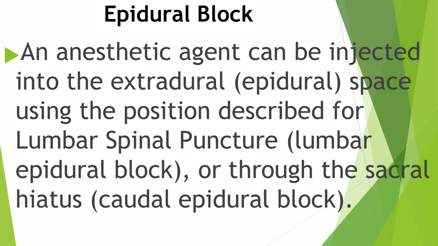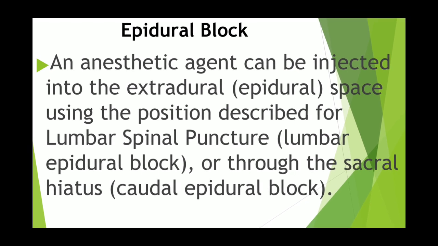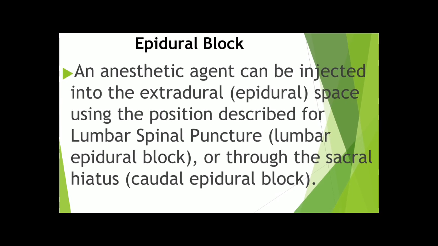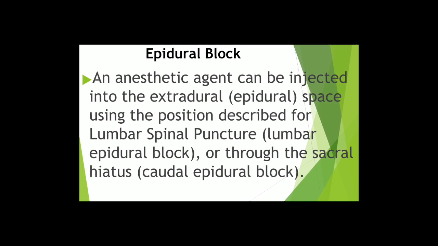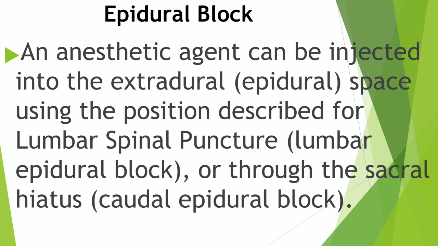You find the sacral hiatus lying about 4 cm above the tip of the coccyx, beneath the skin of the natal cleft. You can palpate it as a distinct depression in the midline about 4 cm above the tip of the coccyx, in the upper part of the cleft between the buttocks. You can also palpate the tip of the coccyx there. About 4 cm above it is the sacral hiatus.